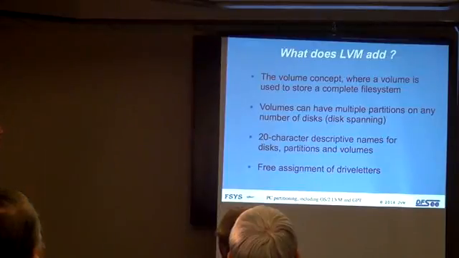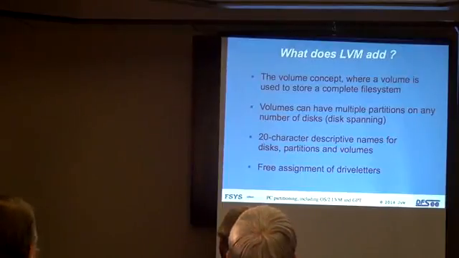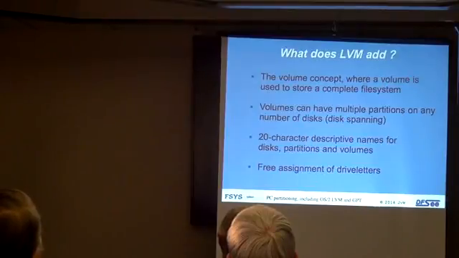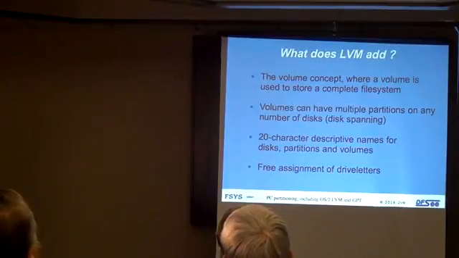Each DLAT table describes a single volume. And there are some more features that can be implemented using that. One of them is that there can be multiple physical partitions.